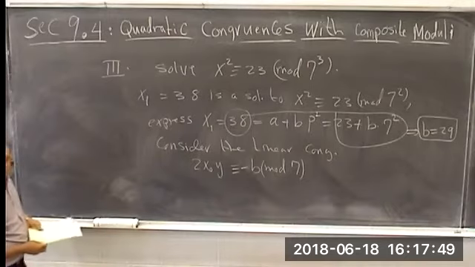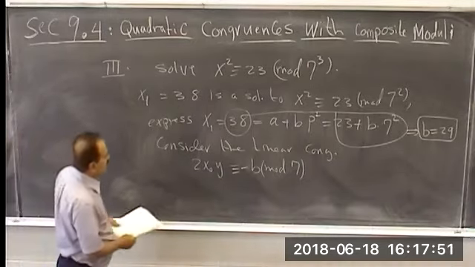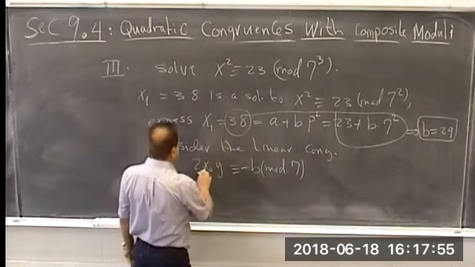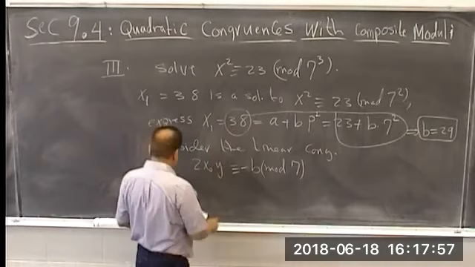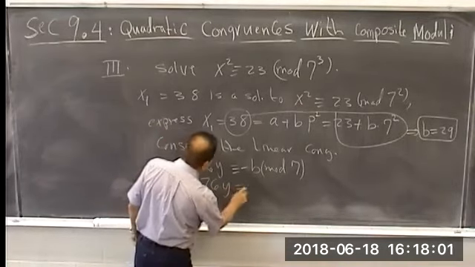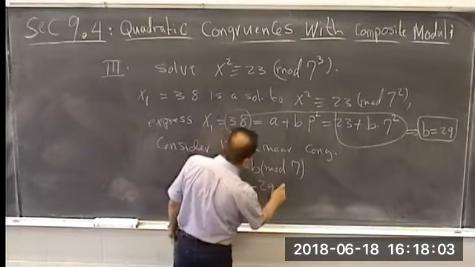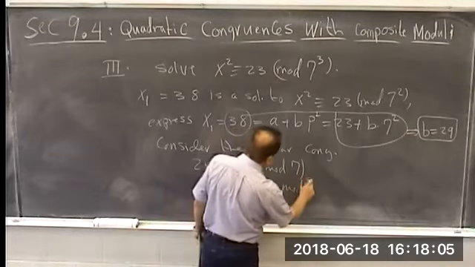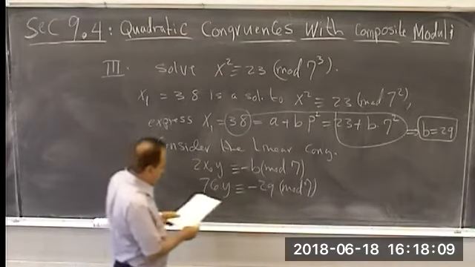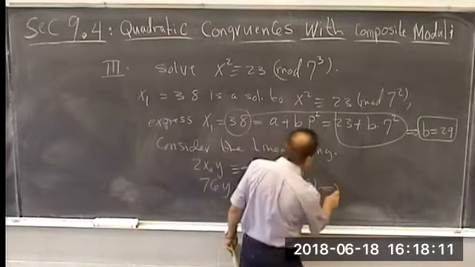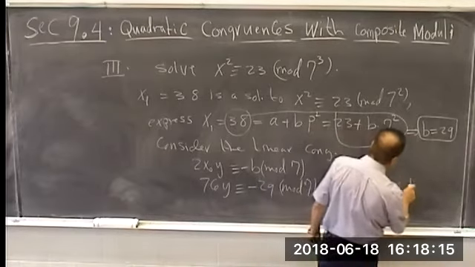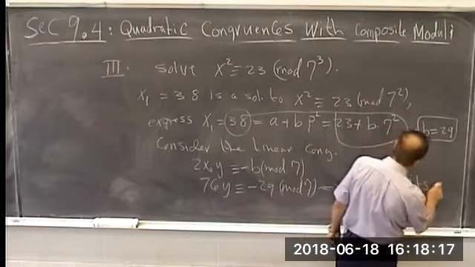This is in the induction that we have. For this case, it's going to be 2 x sub 0 y. We put all this together, it becomes 76y congruent to negative 29 mod 7. And you solve this, you find that y sub 0 is equal to 1 is its solution. It's only one solution.